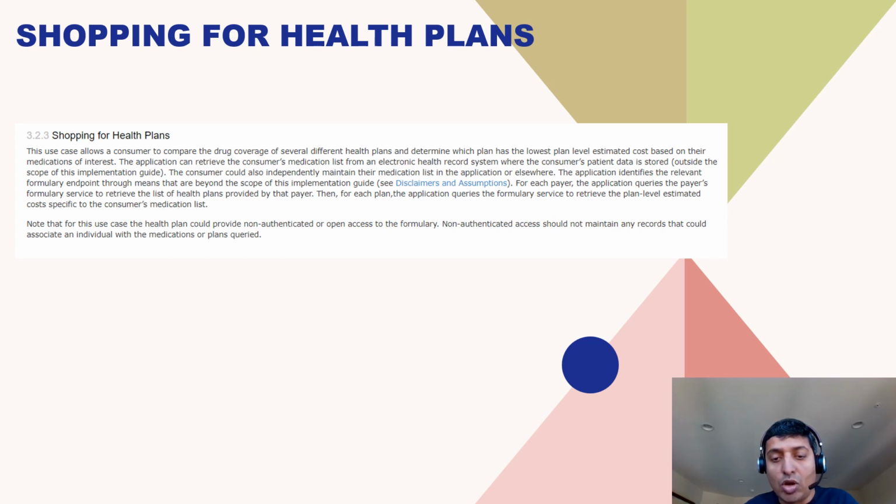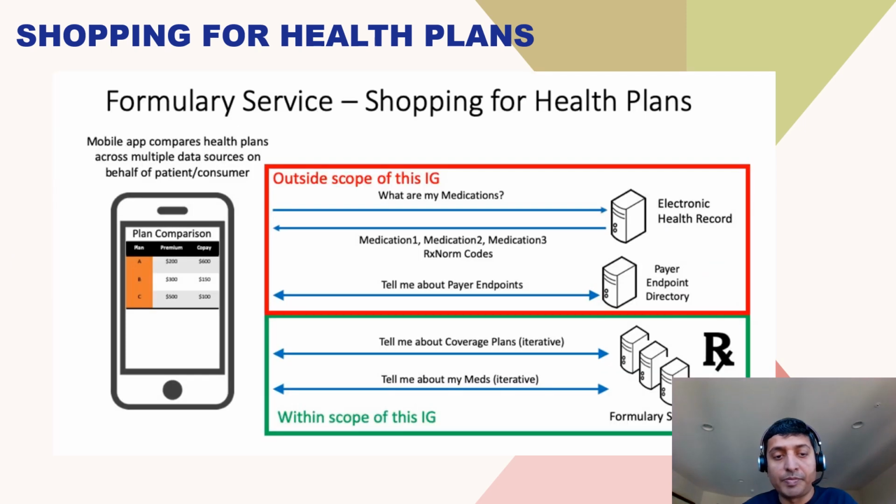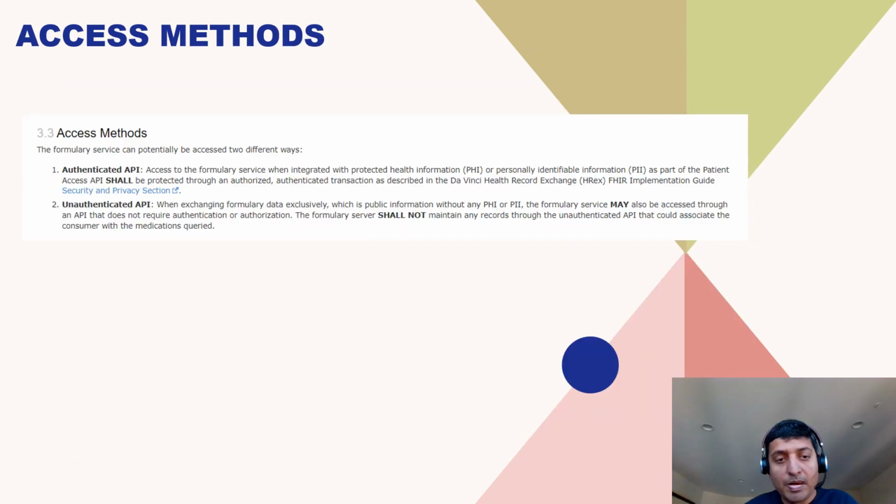Non-authenticated access should not maintain any records that could associate an individual with the medication or the plan queried. In this particular use case, the things which are out of scope are "what all are my medications" and "tell me about the payer endpoints." What we are interested in is "tell me about the coverage plan, tell me about the meds which I can apply for."